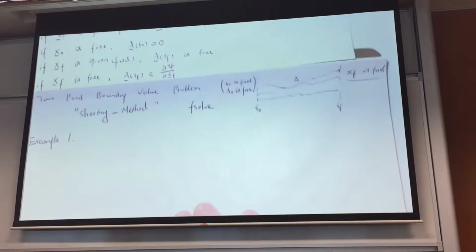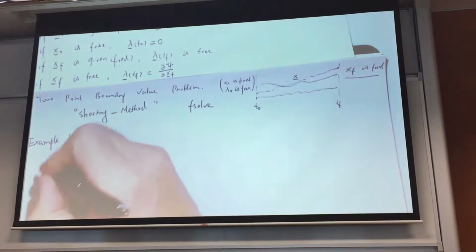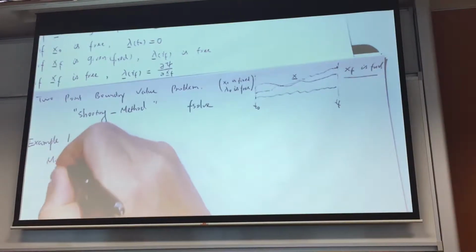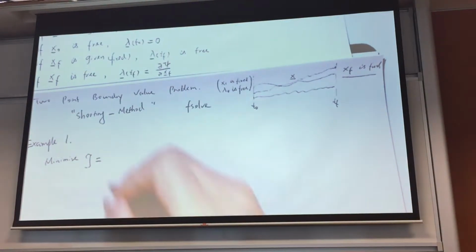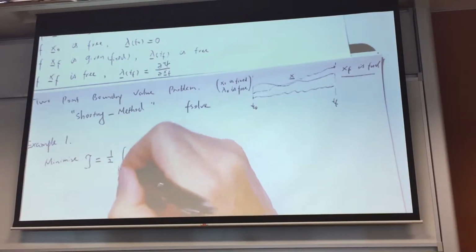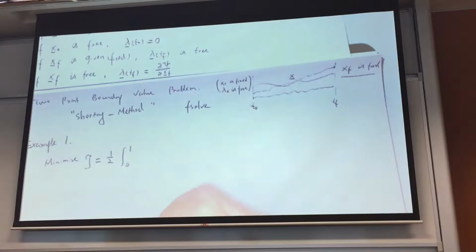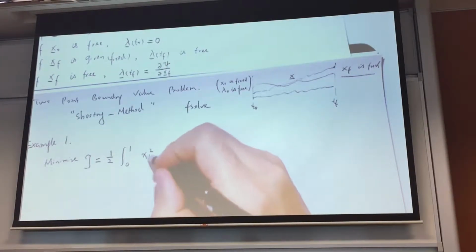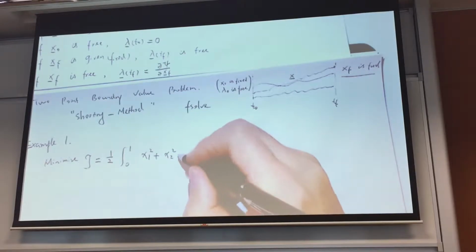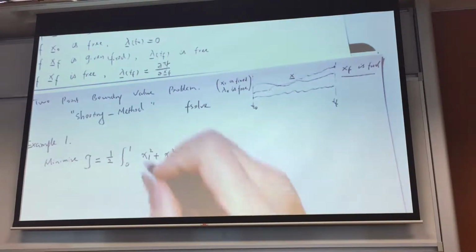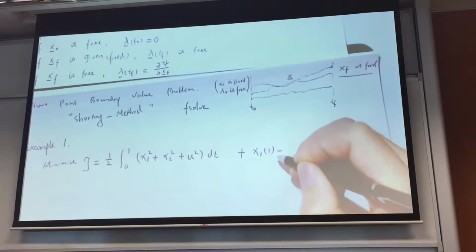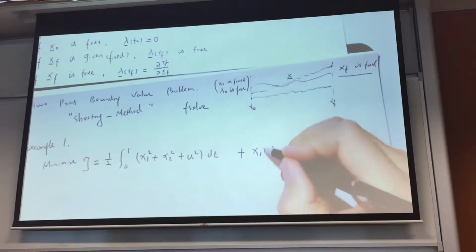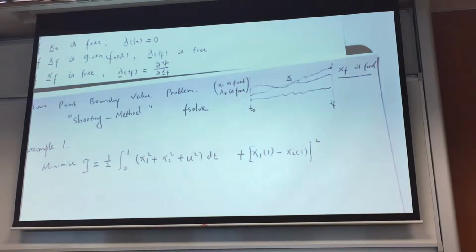The first example is we want to minimize a scalar function, a half integration from 0 to 1 of x1 square plus x2 square plus u square dt, plus x1 minus x2 1 square.